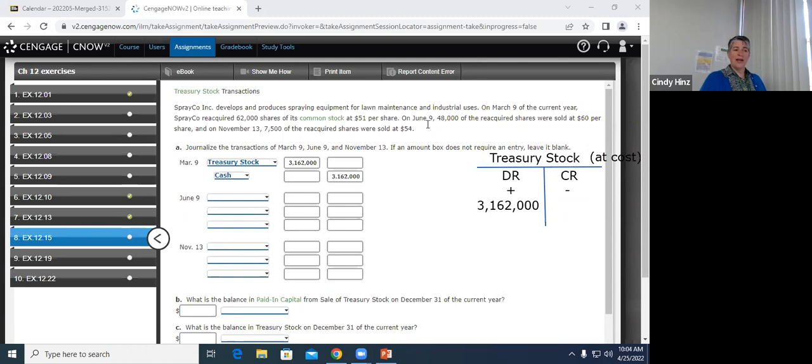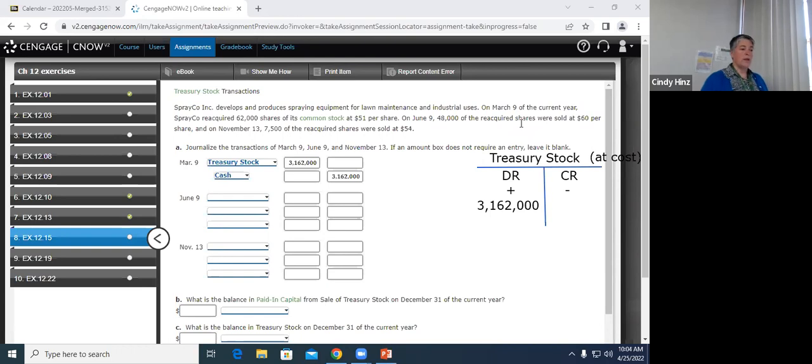So on June 9th, when we resold some of those shares, we sold them at $60 per share. You might think of that as, ooh, we made some money. We paid $51 for them. We sold them for $60. We made some money. But we don't get to report on our income statement that we made money by selling our own stock. That's not how this works.